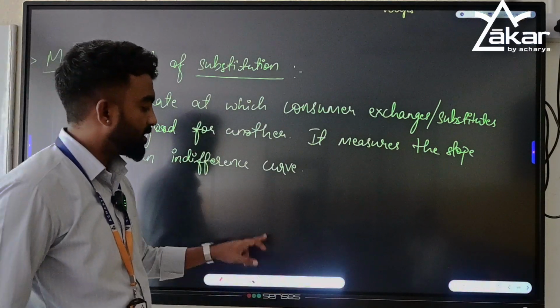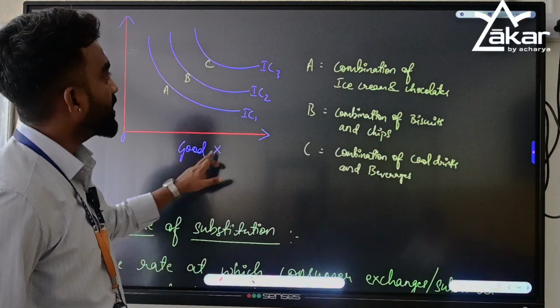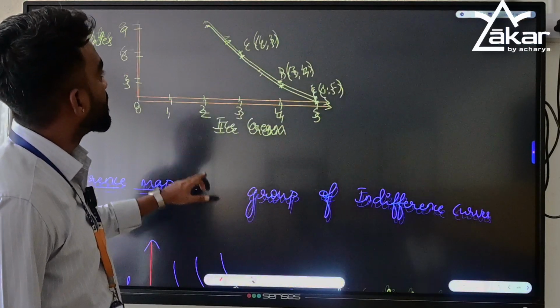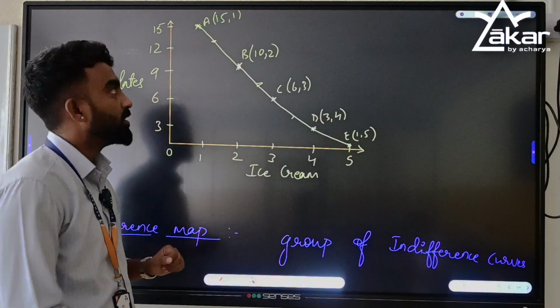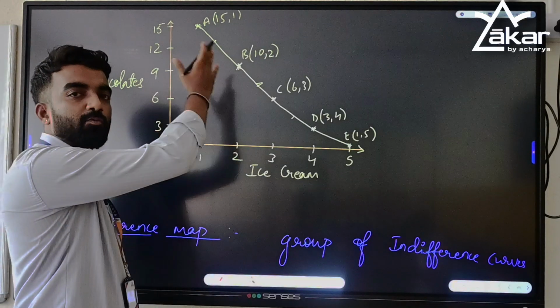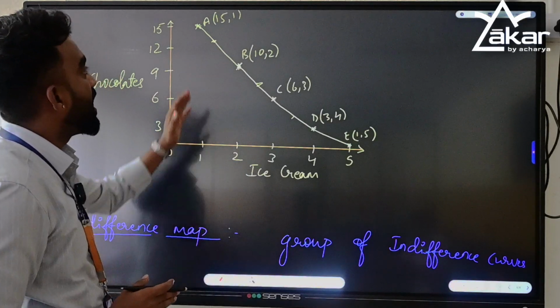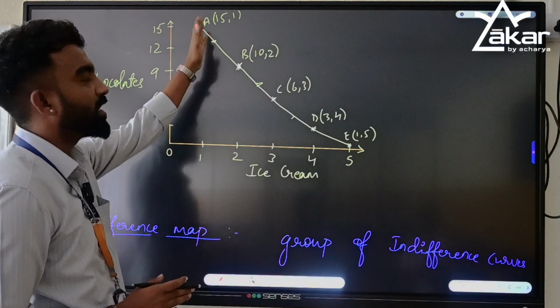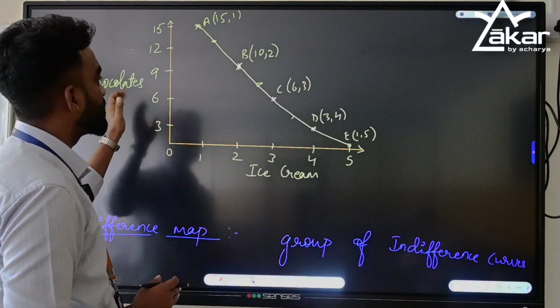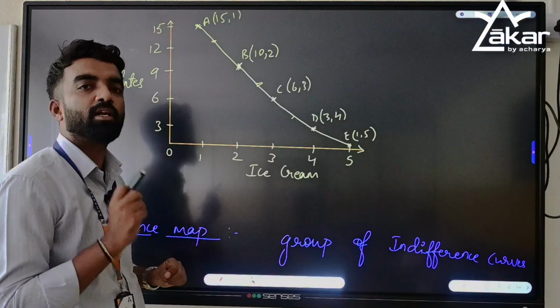We have seen this, right? In the earlier explanation, he was having 15 units of chocolate and 1 unit of ice cream. As he intended to increase the consumption of ice cream, what he has to do? He has to reduce the consumption of chocolates. Why? Because of limited income, right?